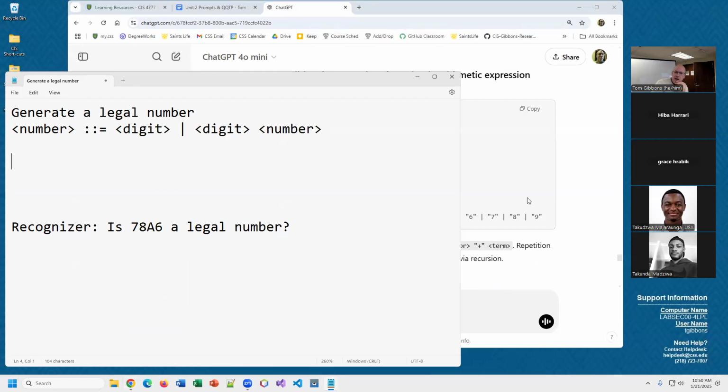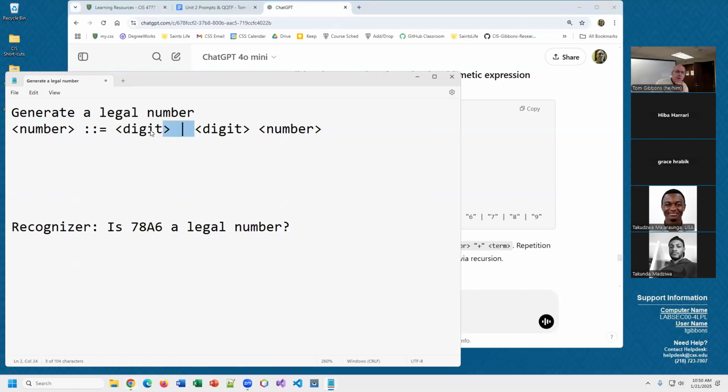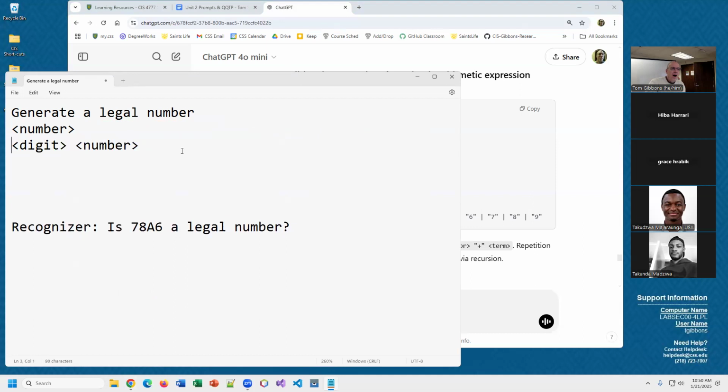We can start with number, and say our number is going to be a digit and a number, and then we can take that digit and number and replace it.